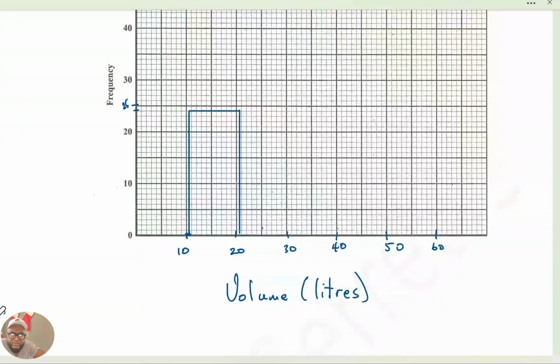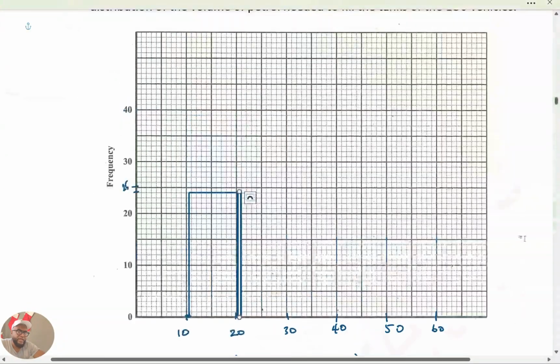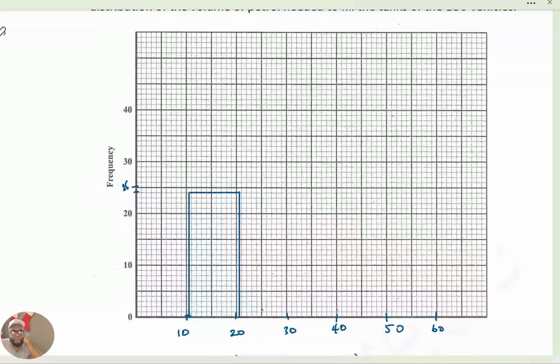Please. What was the next frequency? Anybody, what was the next frequency? So we're going up to 35, right? So we're going up to 35. Bam, bam, bam. Boom. Coming across to 30.5, which is the upper class boundary.